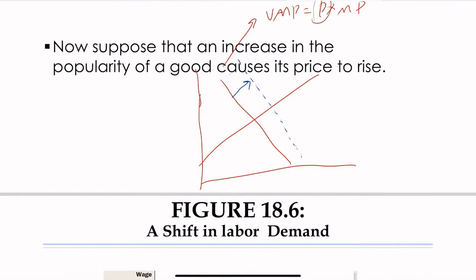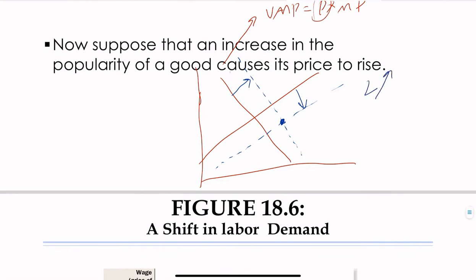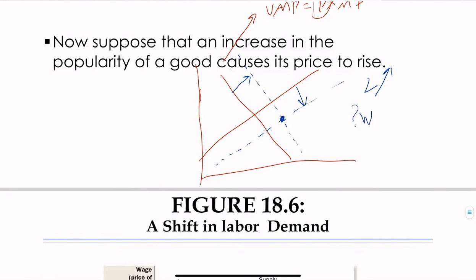If we combine these two results, you can see that the new equilibrium is here. What you can see here is, for sure, labor quantity will increase. However, the effect on wage is actually ambiguous, right?